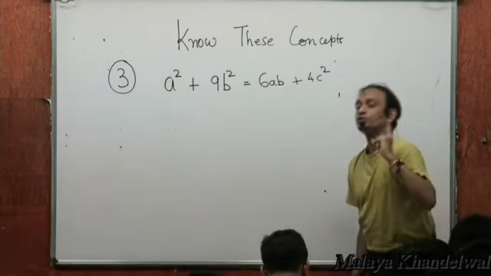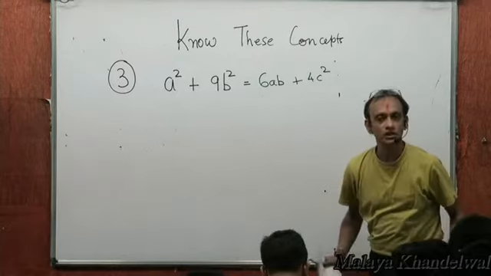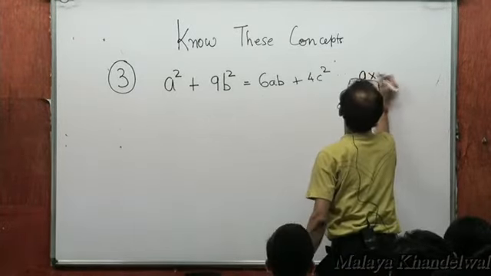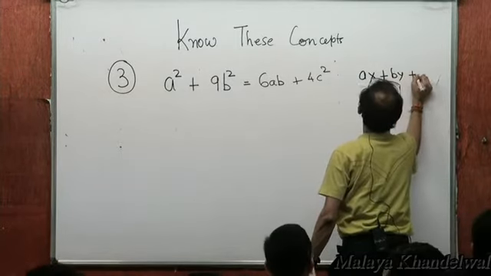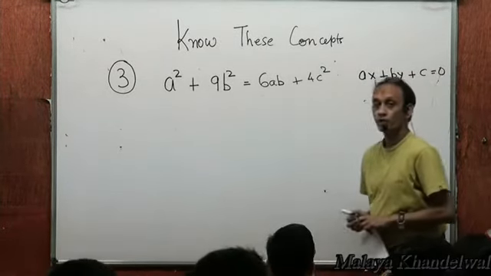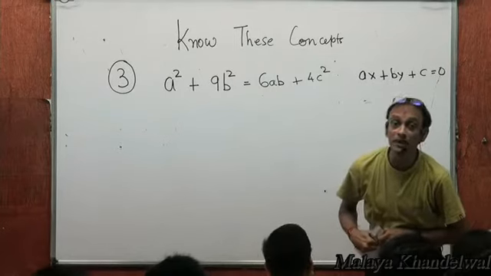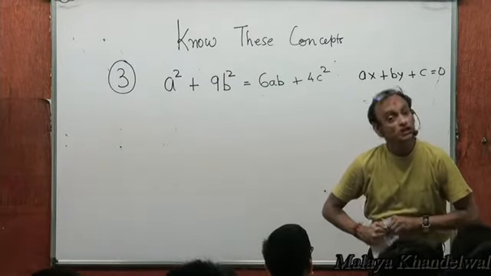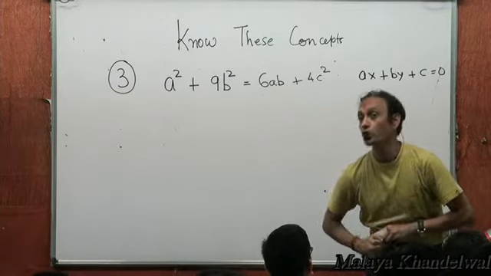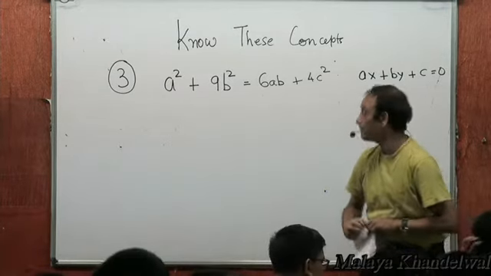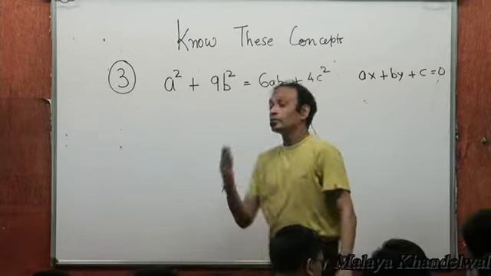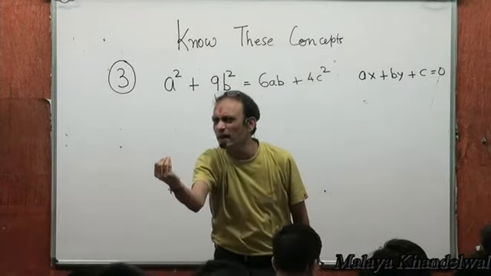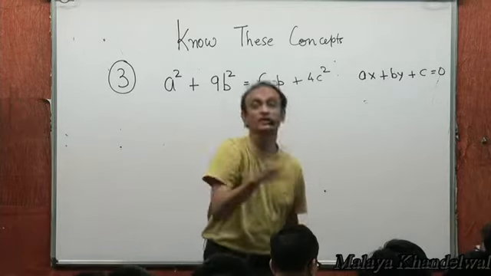With each legal A, B, C, I construct a line. The line that I construct is AX plus BY plus C equal to 0. So I have a family of lines at my disposal. I want to show that the family of lines thus produced would be a bunch of concurrent lines. Concurrent in the sense that, as this problem says, either they will pass through one point or some other point.